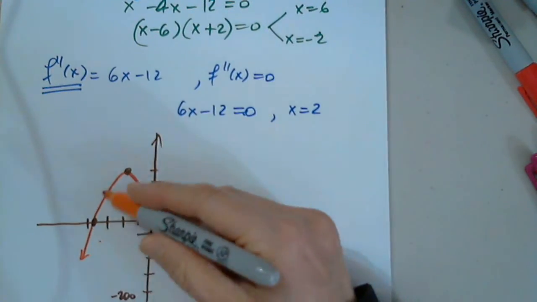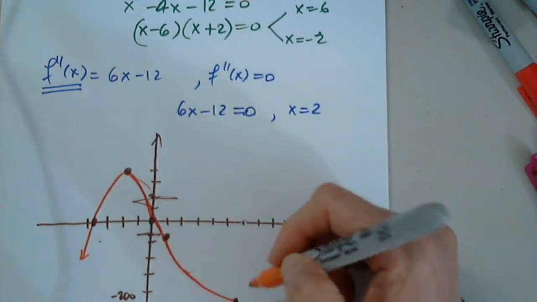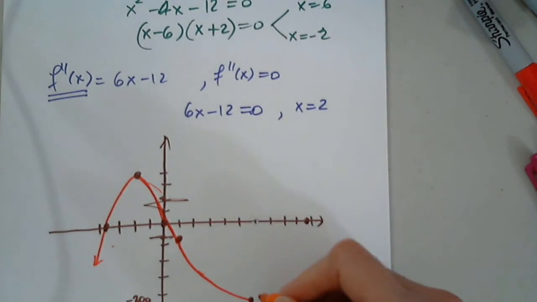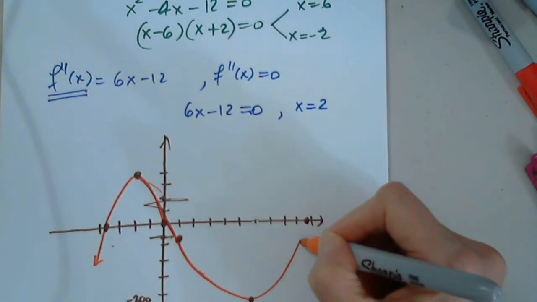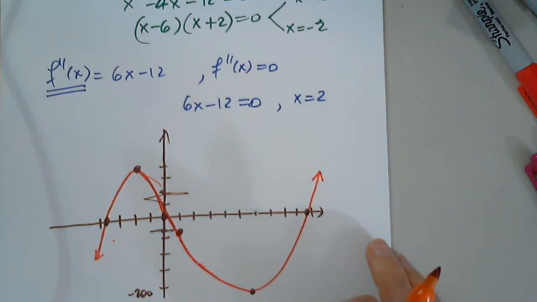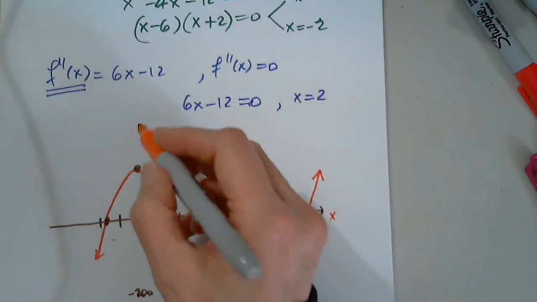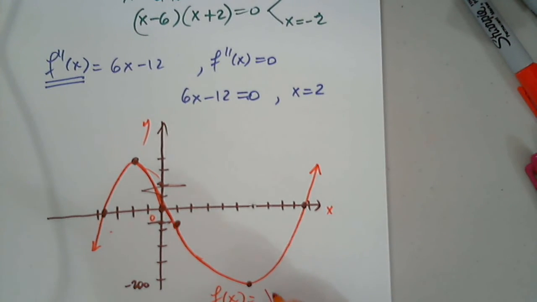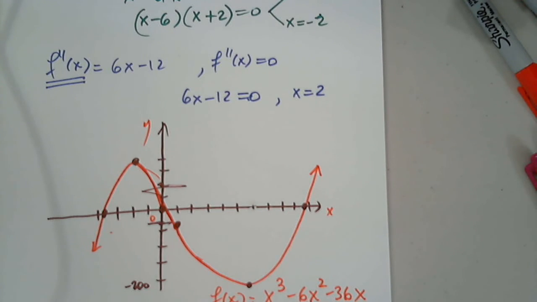At this point, it was opening down, and now it's opening up. And then it crosses at this point, going to positive infinity. So this is the graph of f of x, x cubed minus 6x squared minus 36x.